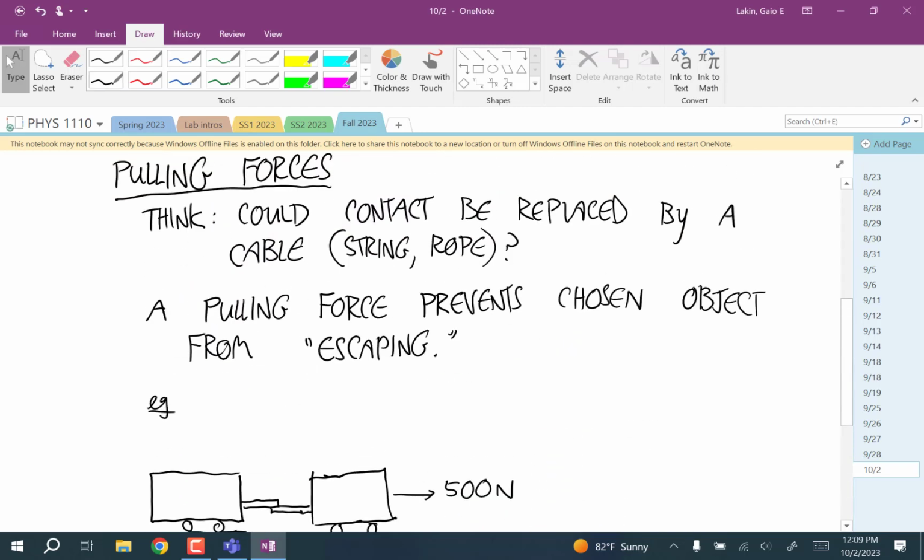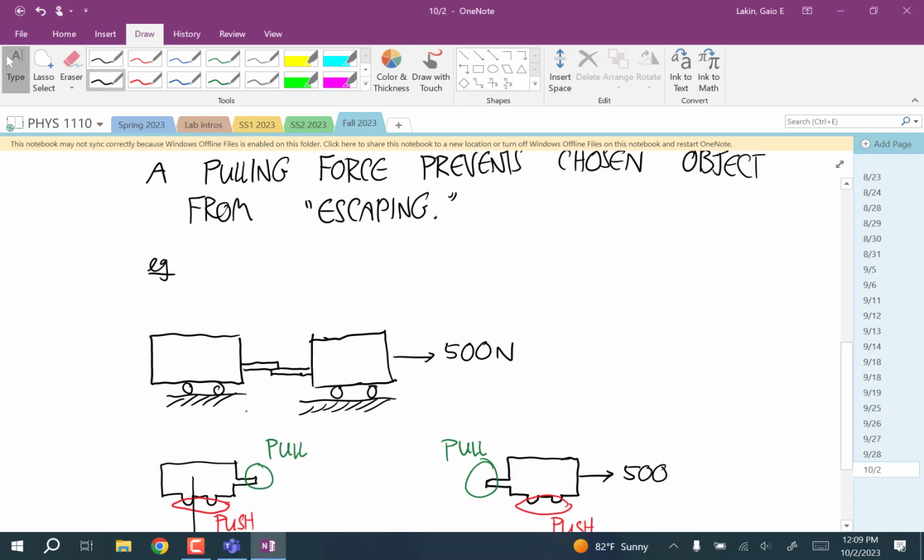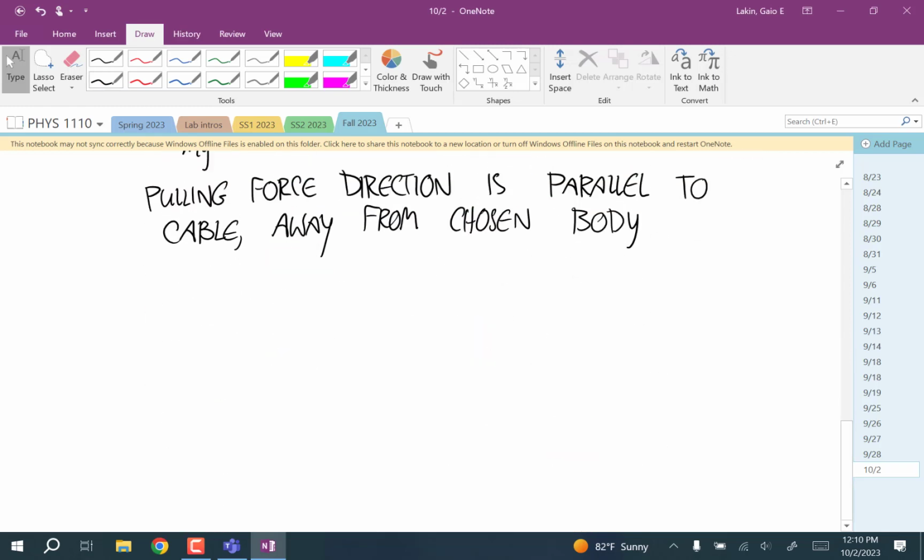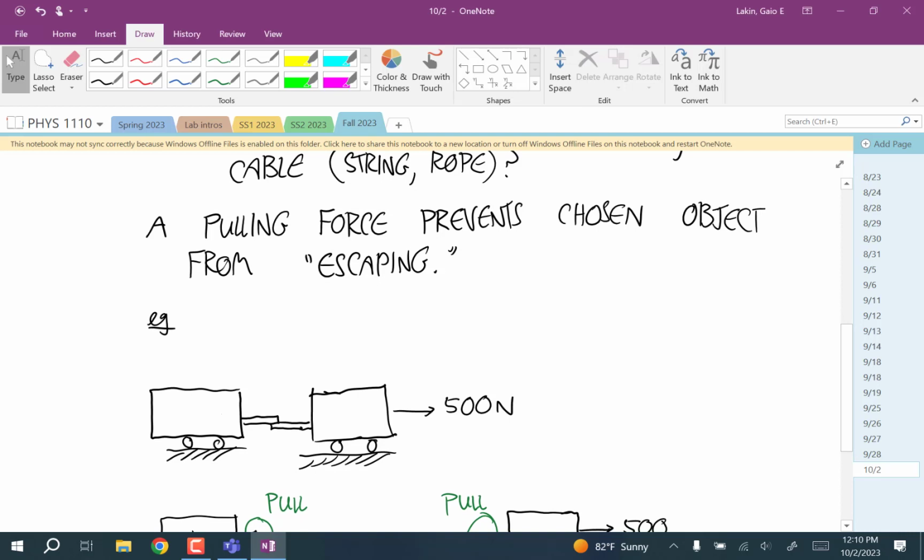Well, like in this case up here that I drew, there's no cable. So what does it mean parallel to the cable? Well, you can always come up with this pulling direction by imagining that contact is a cable. And then use that, I mean, just intuitively, you can think of how that cable would be positioned. And the force is going to be parallel to that imaginary cable. So let me do these two. Let me give these masses.